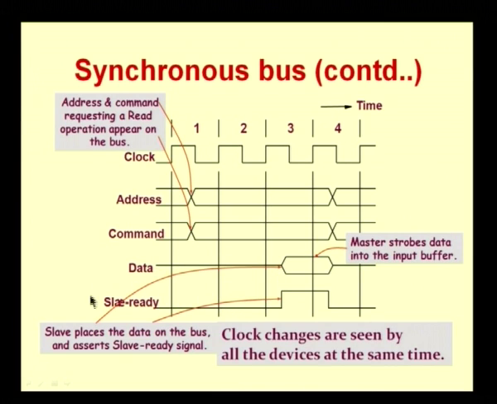This is informed by having this special signal here called slave ready. The slave ready signal becomes active only in clock cycle number 3. When this signal becomes active, it is an indication that data is now available on the bus. Only when the slave ready signal is active is the data made available and read by the master.